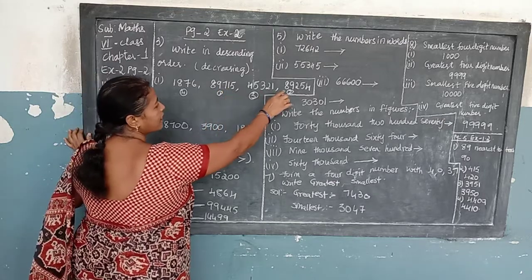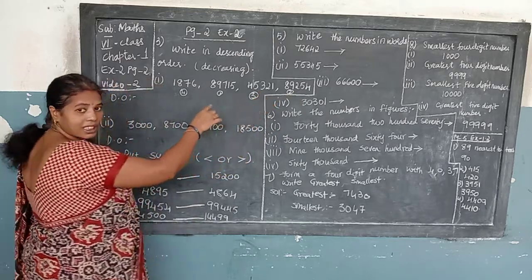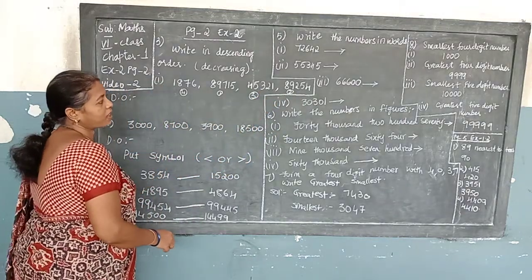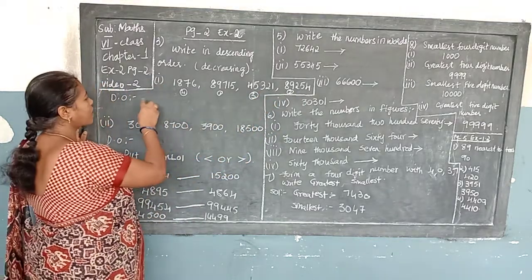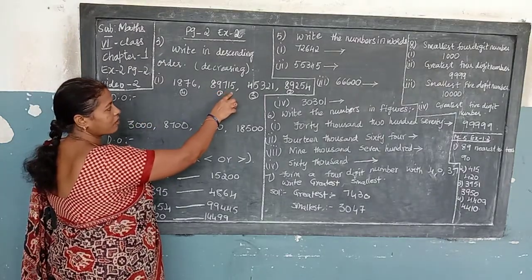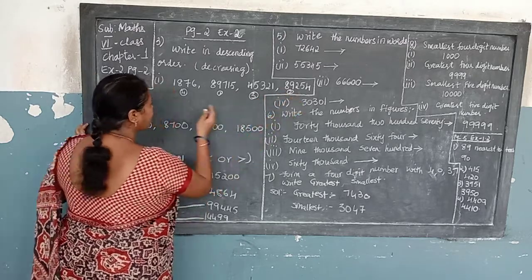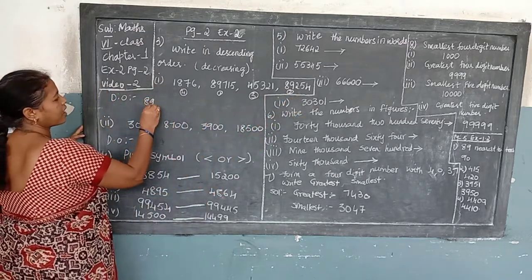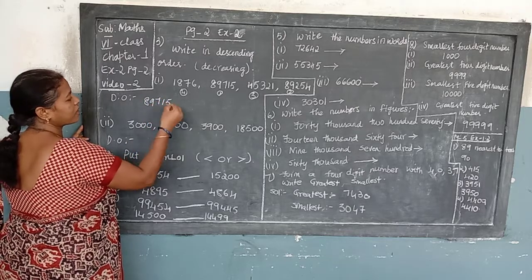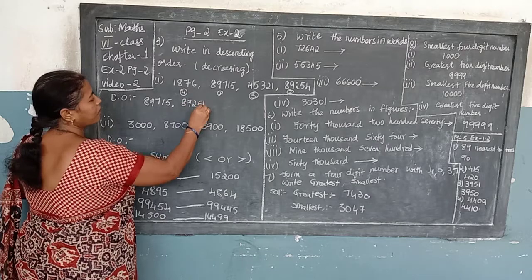Now, see once more, children. 89,750, 89,254, 45,324. So in decreasing order, the first one will come 89,750. Next, the second one will come 89,254. Next comes 89,715.